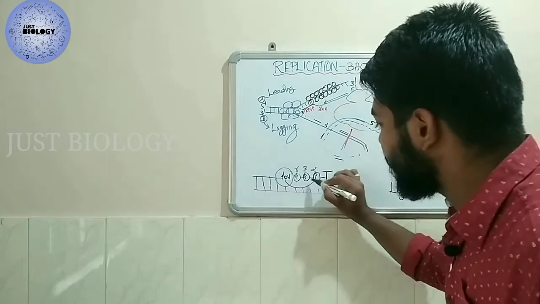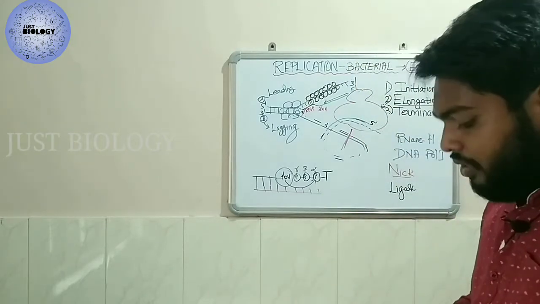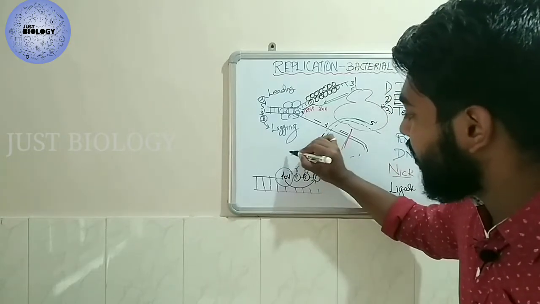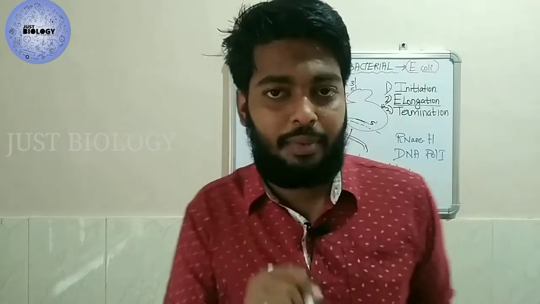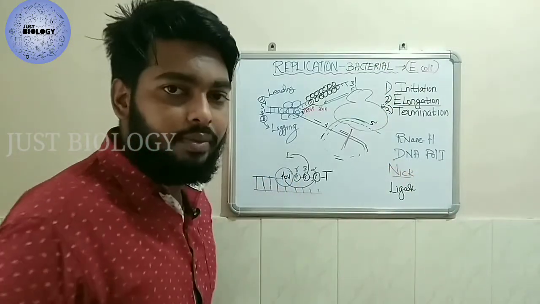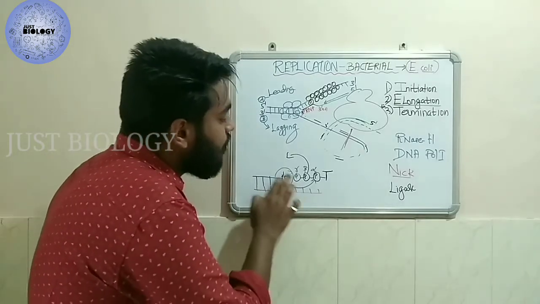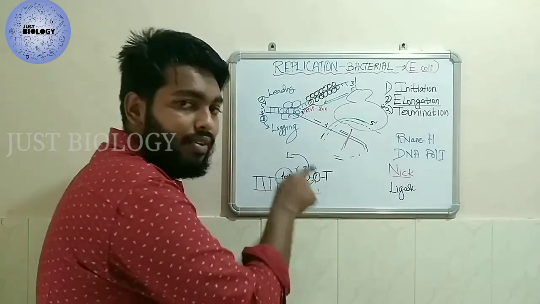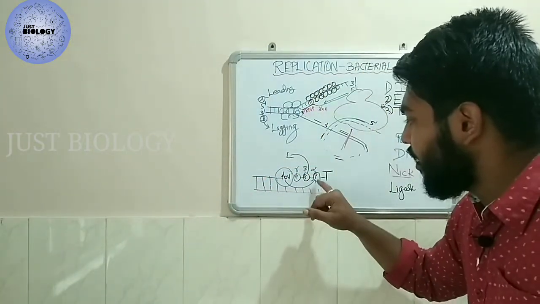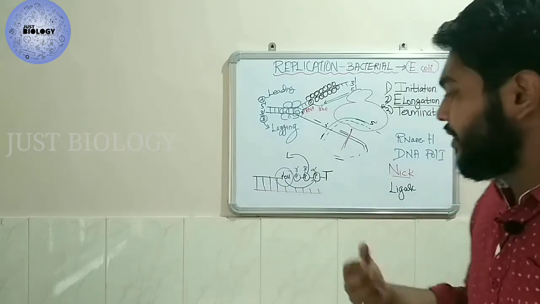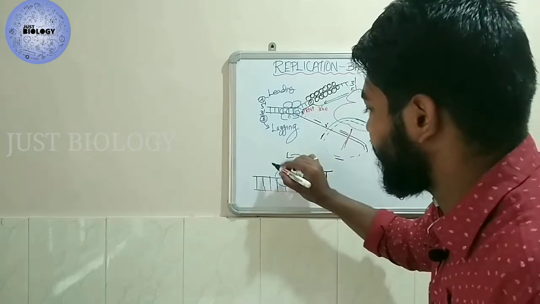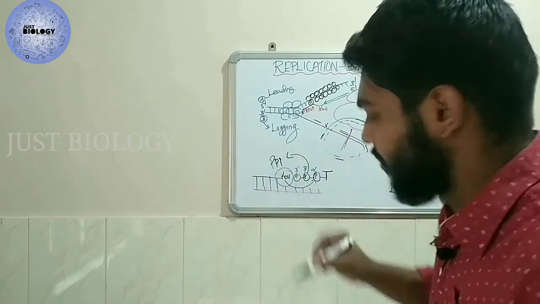As the result of this nucleophilic attack, the beta and gamma phosphates will be released. Just remember, the 3' OH of this base has a lone pair of electrons, and this lone pair will attack the alpha phosphate by nucleophilic attack. Then the beta and gamma phosphates will be released as pyrophosphate, PPi.